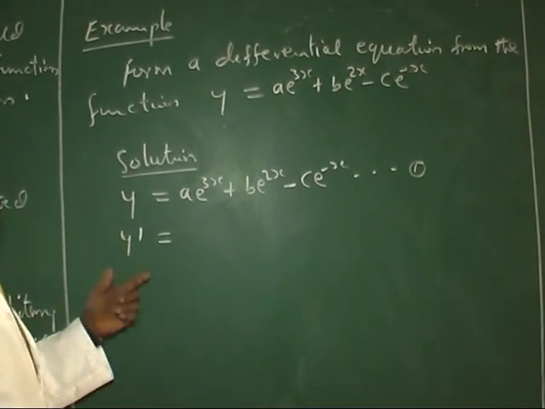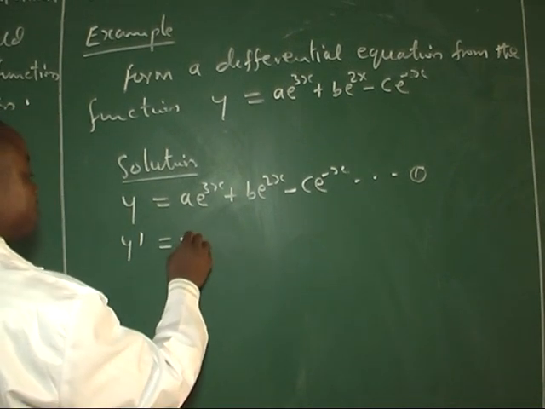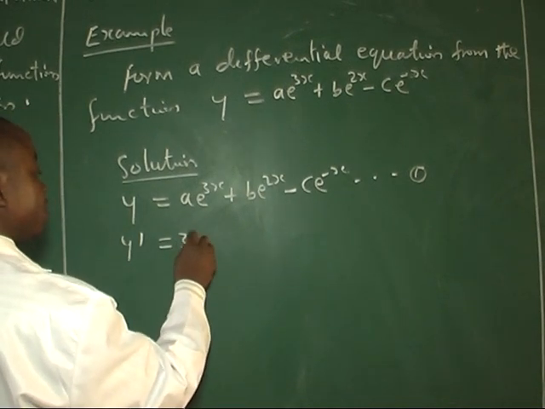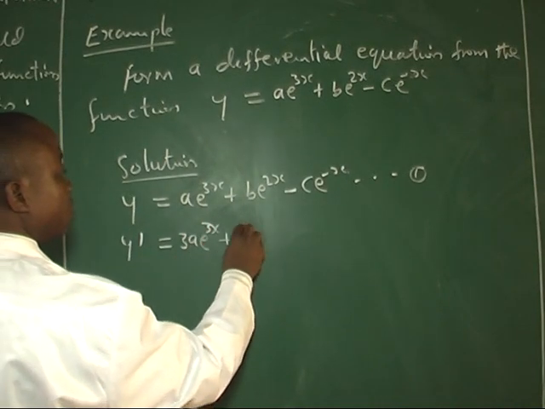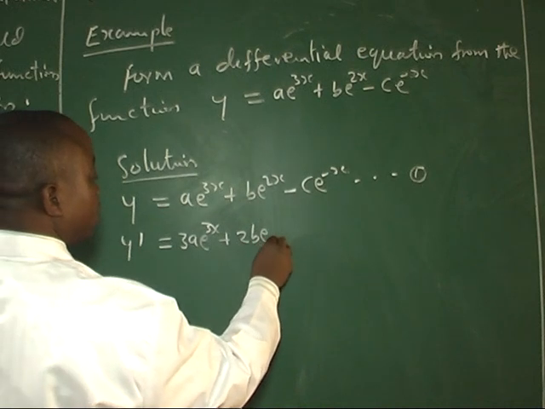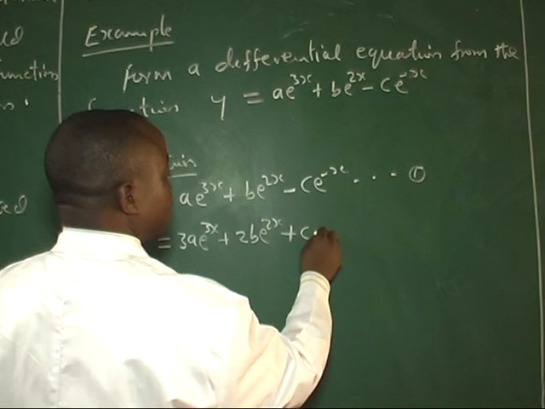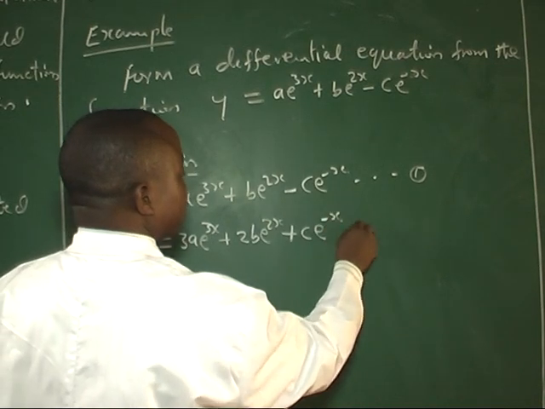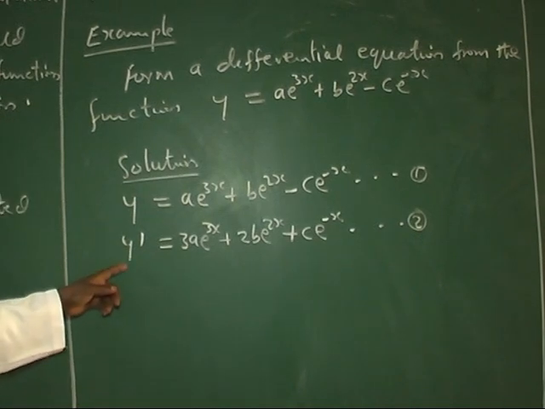Now, if we differentiate it, we have y prime. We know that very well. So y prime will be 3a e^(3x) + 2b e^(2x) + c e^(-x). So this is equation 2. That is the first differentiation.